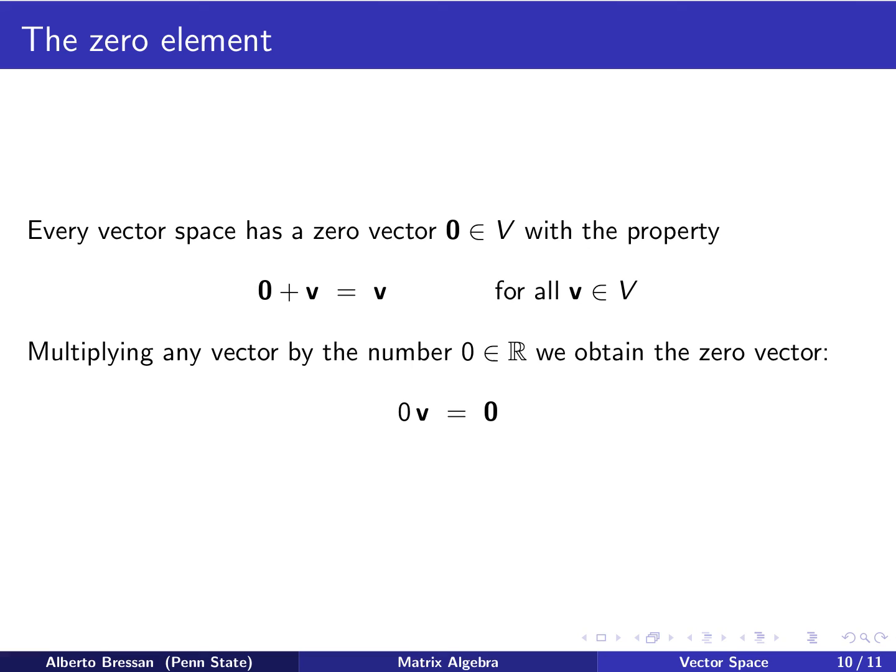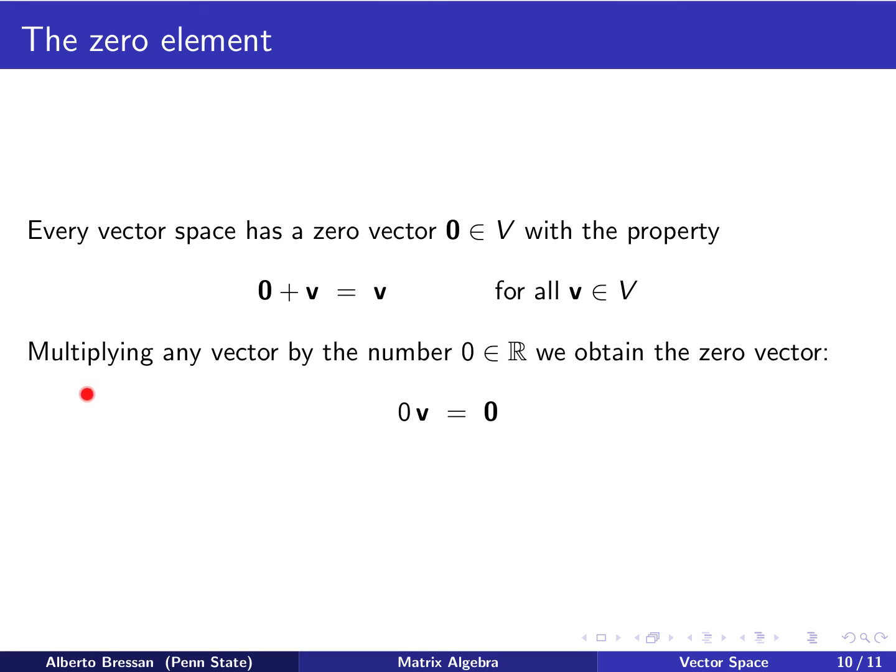Now let's look at a special element in a vector space, the 0 element. Every vector space has a 0 vector. We write it as a capital boldface 0. It's in the vector space and it has the property that 0 plus v equals v for all v in the vector space.